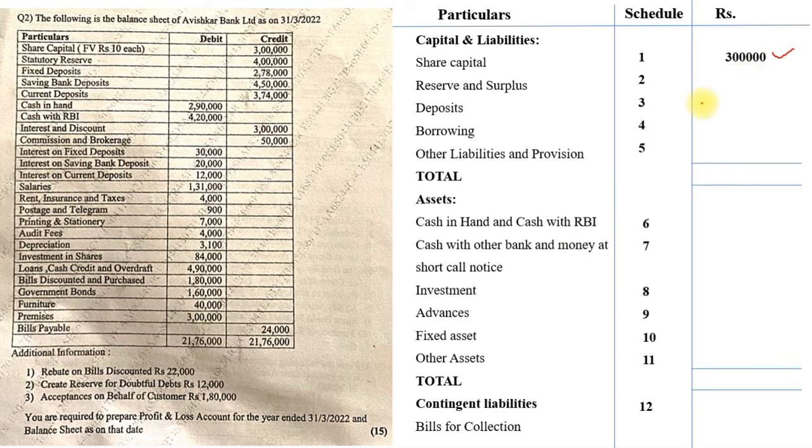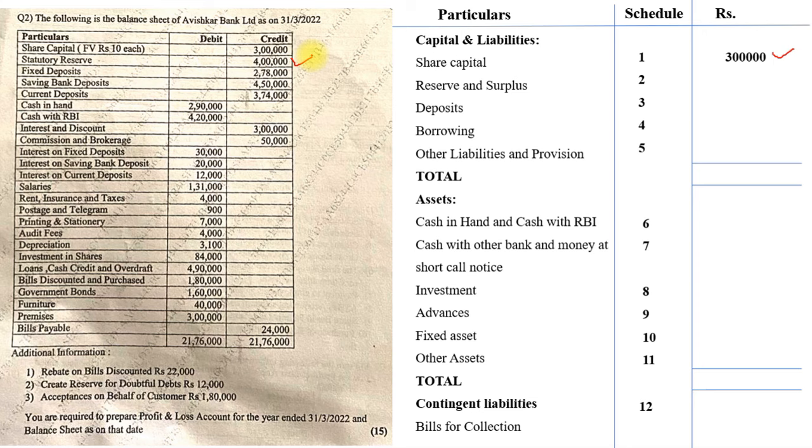Second is reserves and surplus, very important. Listen to this very carefully. Under reserves and surplus, what all things have been given? There is one statutory reserve of 4 lakhs given to us. Second, we have already transferred 25% in the previous step, 25% to statutory reserve, which came to around 26,000.